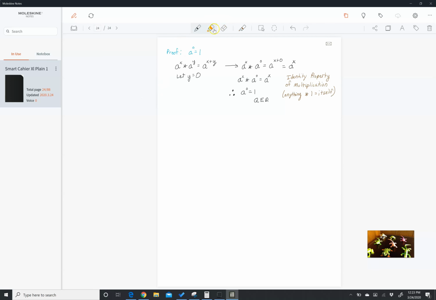And we're going to use the same concept to prove the last one: a to the negative x is equal to 1 over a to the x. Okay, same concept. We're going to use this initial property that we see here, a to the x times a to the y equals a to the x plus y.